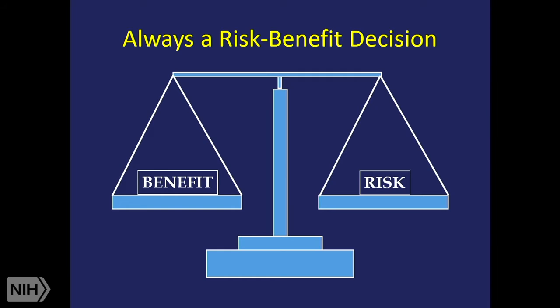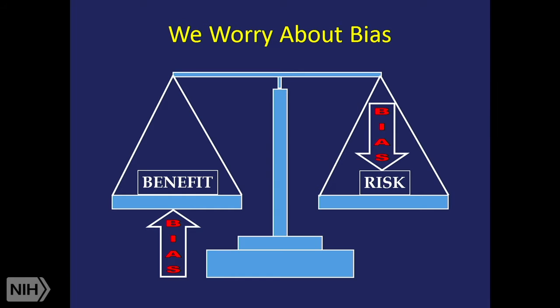And the reason is because this is always a risk-benefit decision. If you think about when you're approving a drug, no drug is perfect. They all have some risk associated with them. Very few drugs work on everybody and cure you immediately. And so there's always the benefit issues that come in. What we worry about is bias that lifts up the benefit and bias that might reduce the risk.